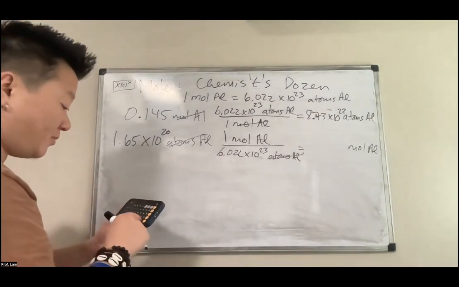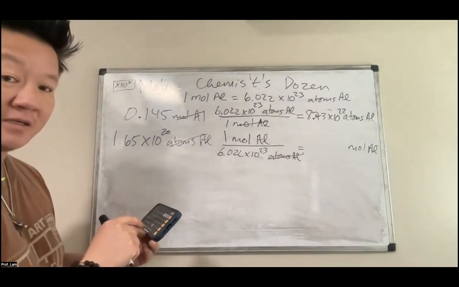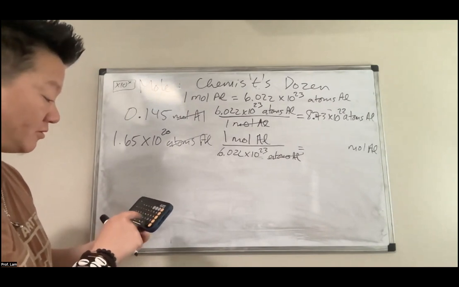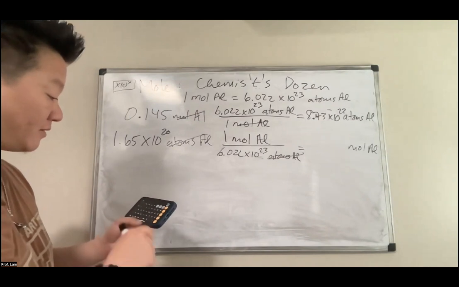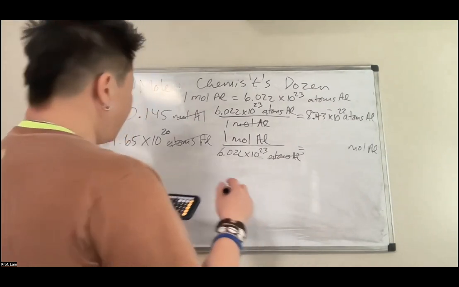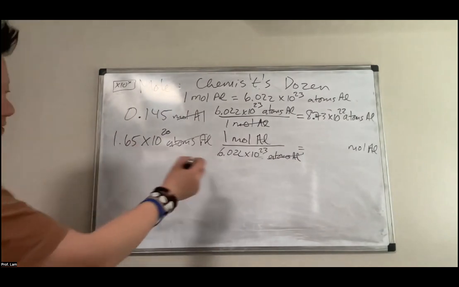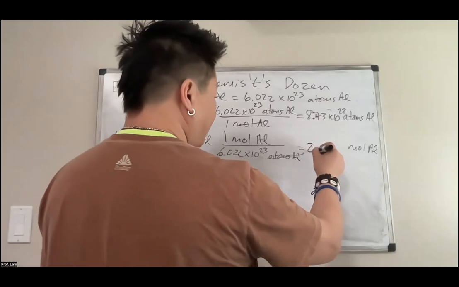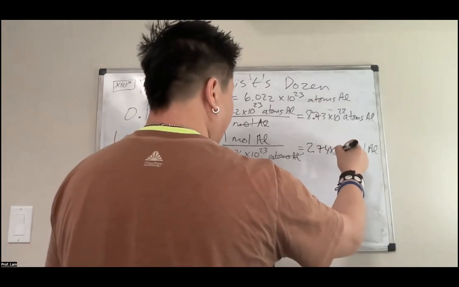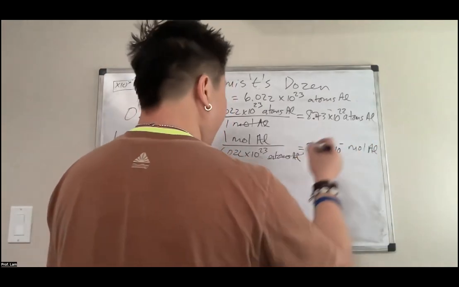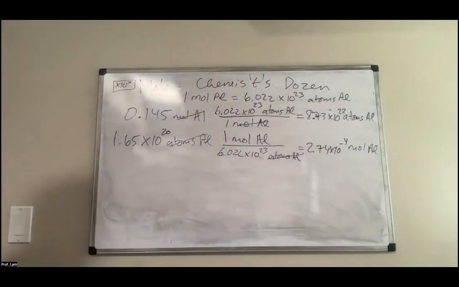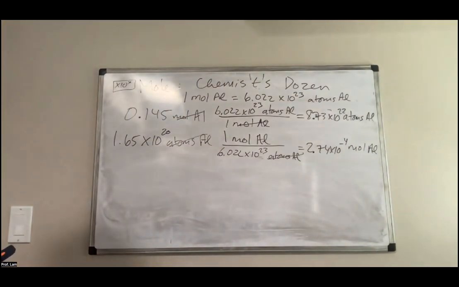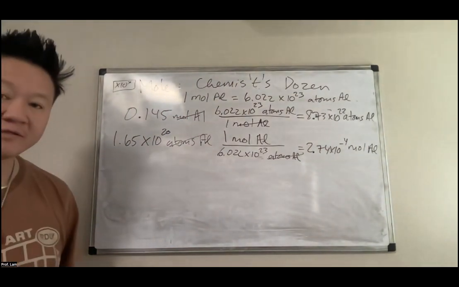So you're going to hit 1.65 double E 20 divide by 6.022 double E 23. For the number of sig figs, that's 4. Oh, that's 3. So we need to round to 2.74 times 10 to the negative 4 moles of aluminum. Okay, is that clear, guys?